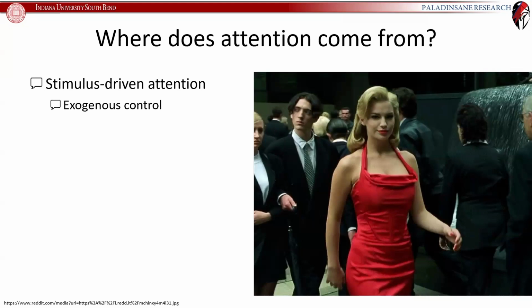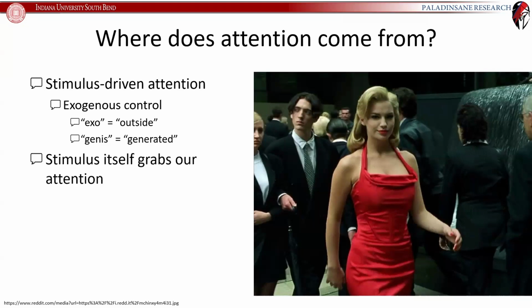This stimulus-driven attention is known as exogenous control, and that comes from exo meaning outside and genus meaning generated. So the attention is generated from the outside. These are stimuli that, just because of certain features, such as salience, such as standing out from the other stimuli in the environment, grab our attention.